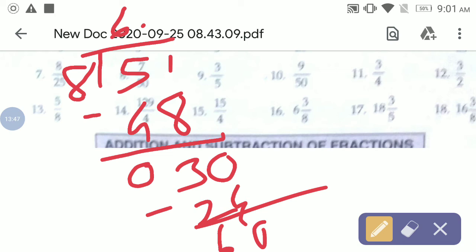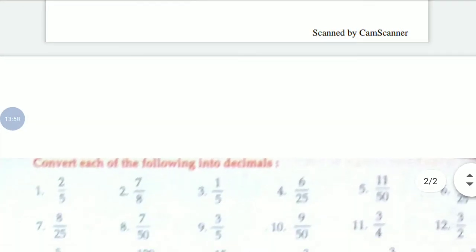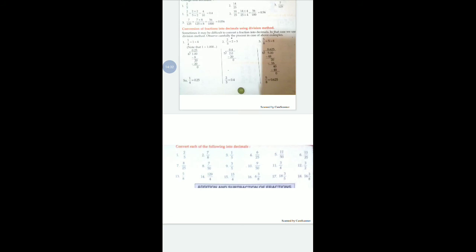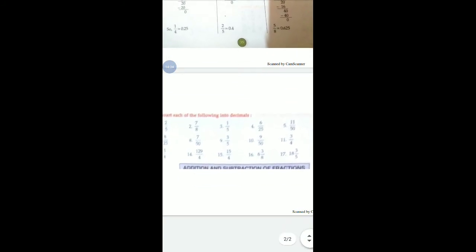Just a second, I will repeat it. I will show you this sum in this portion. As you have 51 divided by 8. So how you are going to do it? In this way.